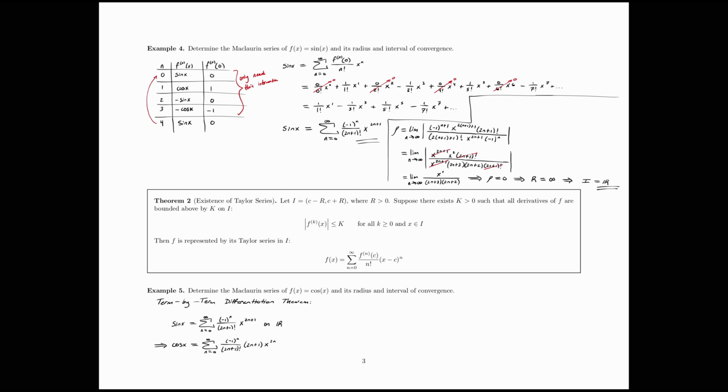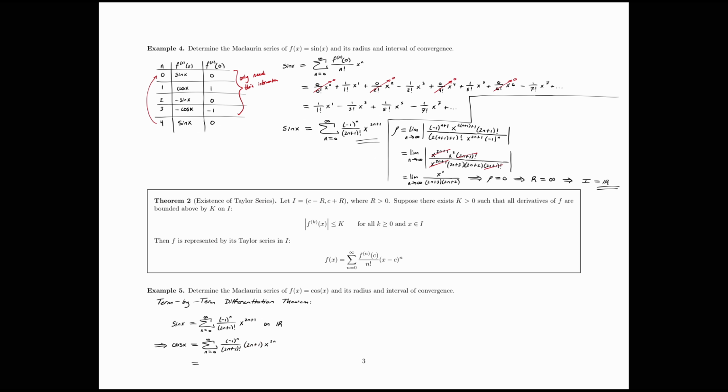And of course, we would have a little bit of cancellation here, because 2n plus 1 factorial is really just 2n plus 1 times 2n factorial, so we can break off one of the terms from the factorial and cancel it with that term in the numerator.